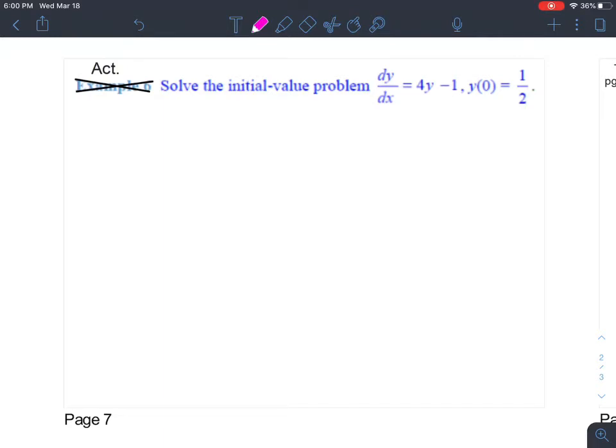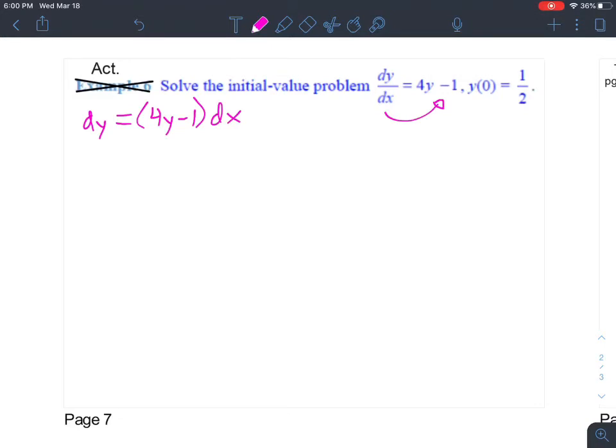Remember that we need to separate our variables. And one thing that's kind of interesting about this is that we don't have anything for x on the right side. So we do need to move this dx over, but then for the rest of it, there's not really much that we can do. So I'm going to break this into 2 steps just so it's a little easier to see what I'm about to do.